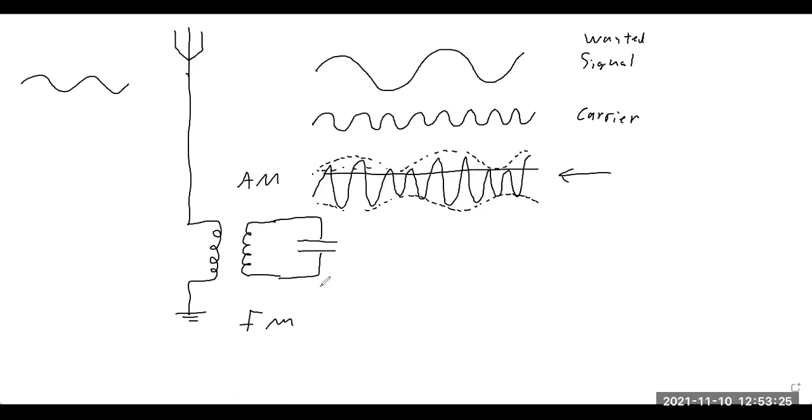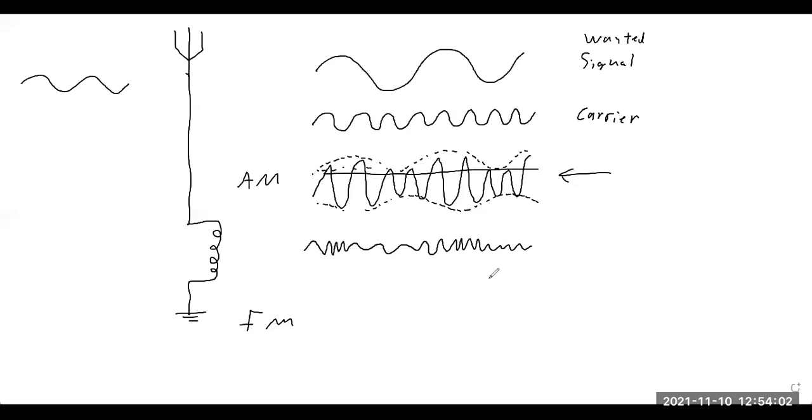So it could just go high frequency for a peak, low frequency for a trough, high frequency, and low frequency. It's a bit more complicated, but it's a different way of sending information.